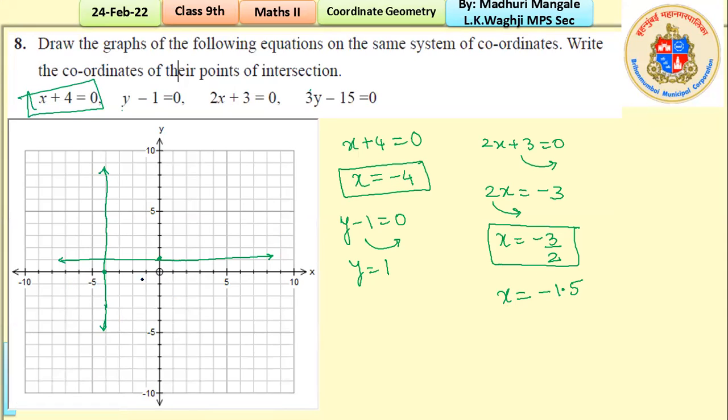On the negative side, between -1 and -2, exactly between it, that's the point, -1.5. So the line will be passing through -1.5, and the line has to be parallel to y-axis.